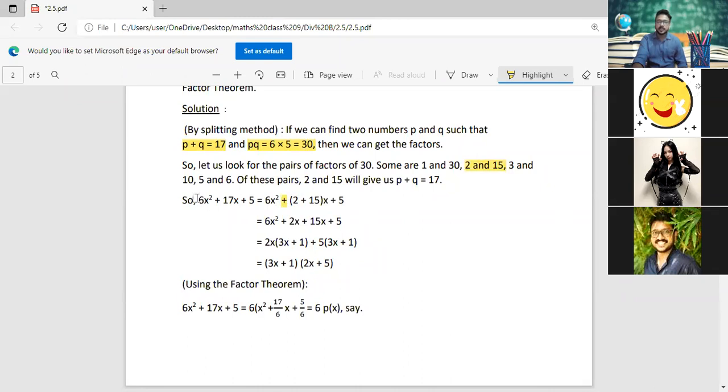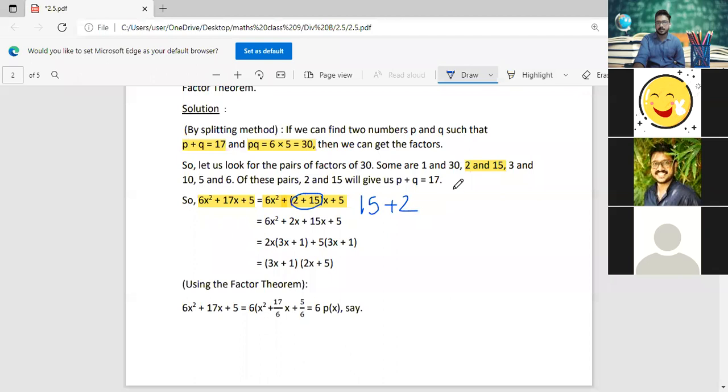And in solving this, we have written 6x squared plus 7x plus 5 is equal to 6x squared plus (2 plus 15) into x plus 5. So my question is, instead of 2 plus 15, can I write 15 plus 2? Yes, sir.